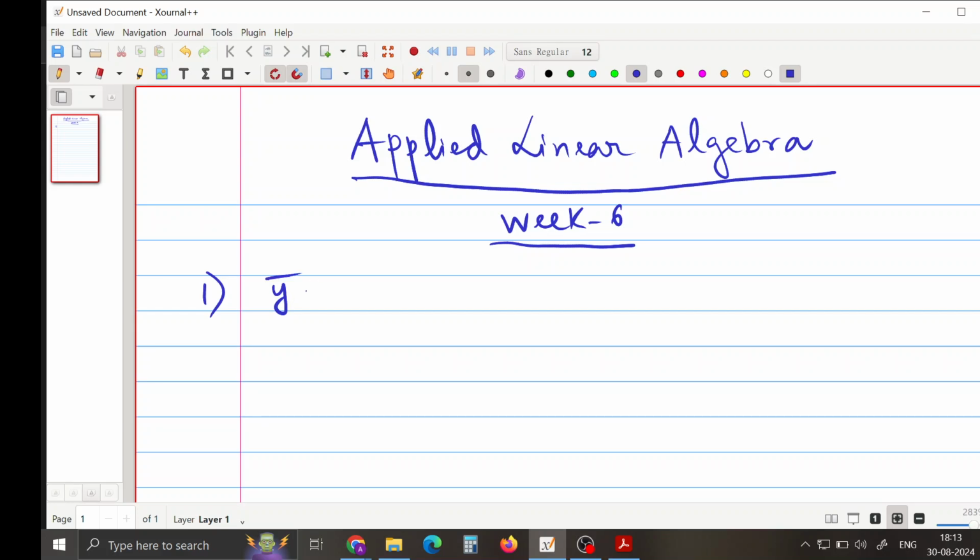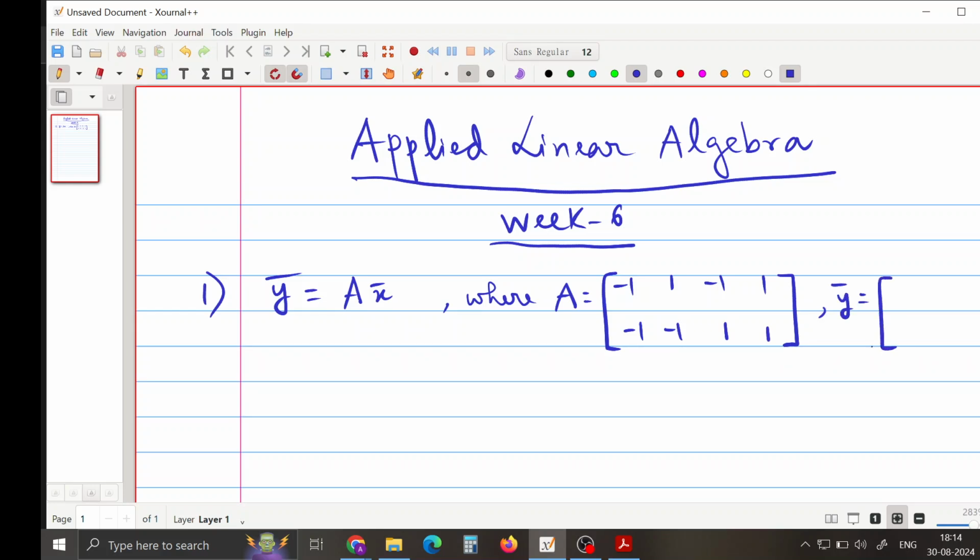So the system is basically y bar equals A x bar, where your matrix A is given by -1, -1, 1, -1, -1, 1, 1, 1, and your vector y is 4, 2.